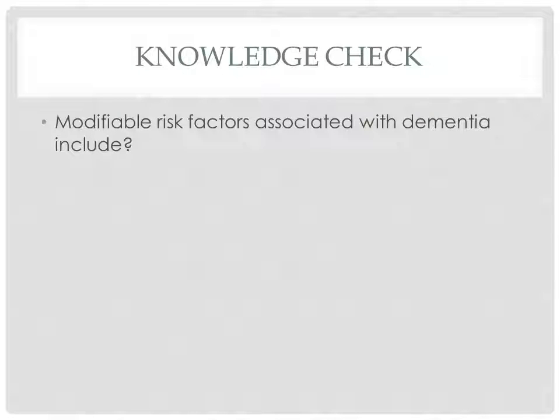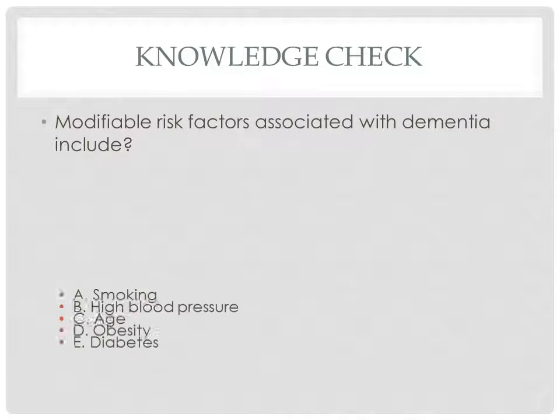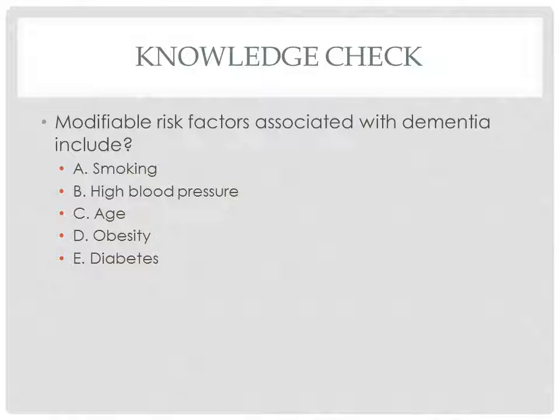All right, that's time for another knowledge check. Modifiable risk factors associated with dementia. They include A, smoking, B, high blood pressure or hypertension, C, age, D, obesity, and E, diabetes.